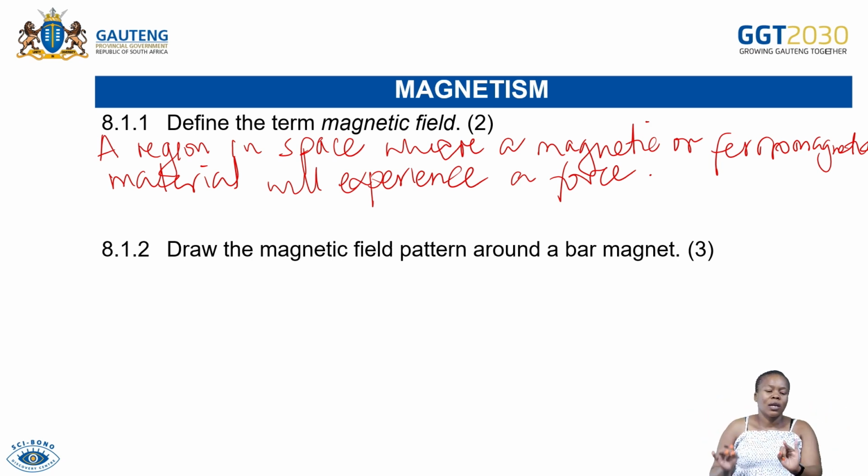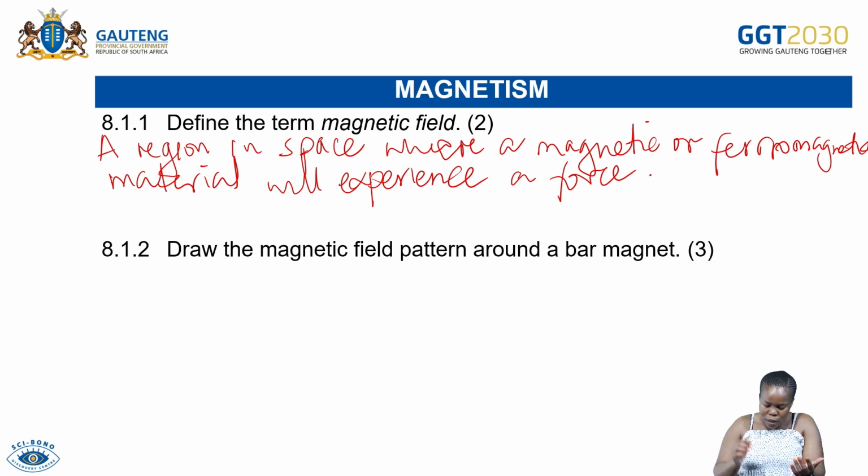Number two, direction is important. You should let us know using the arrows in which direction these magnetic field lines are going. They always have to be moving from the north to the south. Also, you're looking at the shape: is it giving the proper shape that it should be giving when you are drawing it?